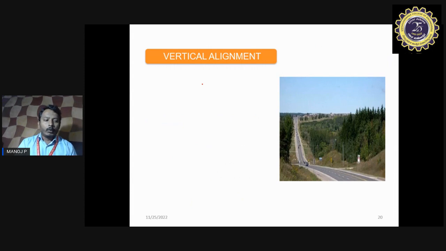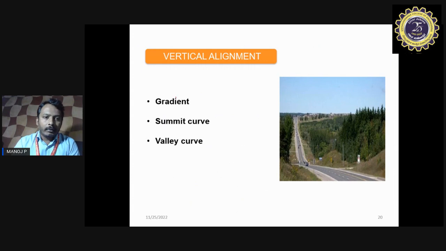Next is vertical alignment. Horizontal alignment is done. For vertical alignment, we need to consider three criteria. One is gradient, second one is summit curve, and third one is valley curve. What do you mean by gradient?